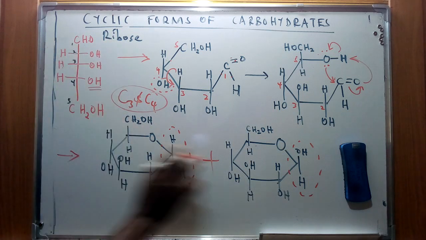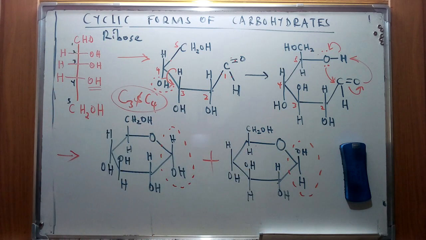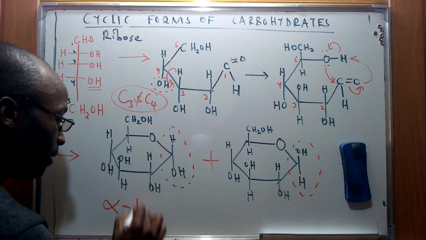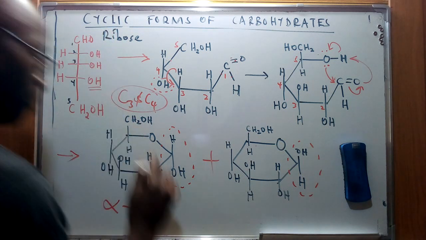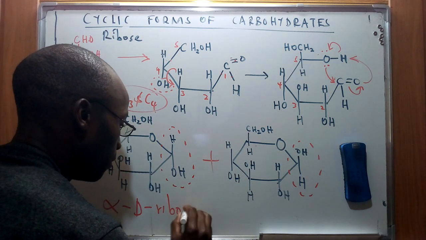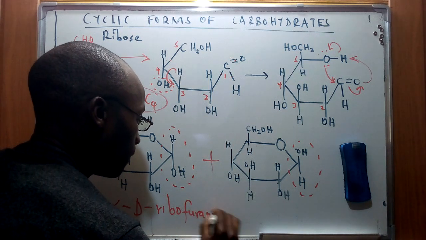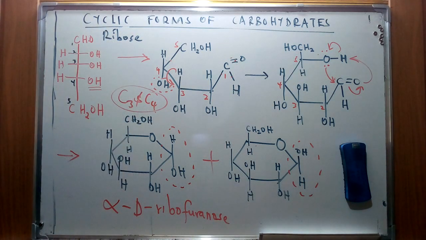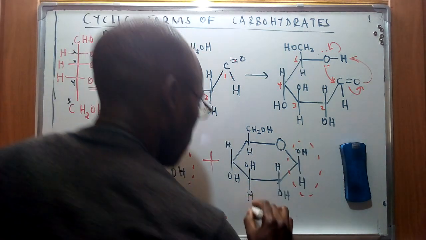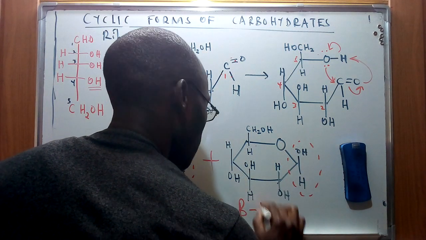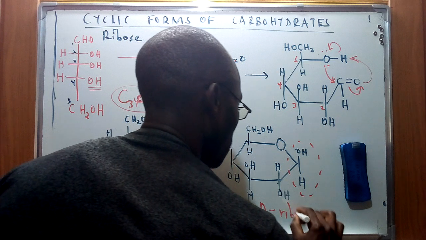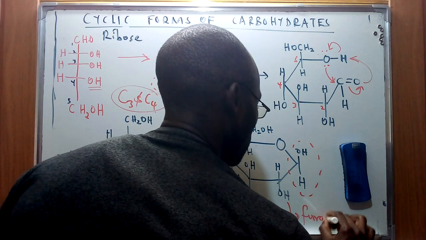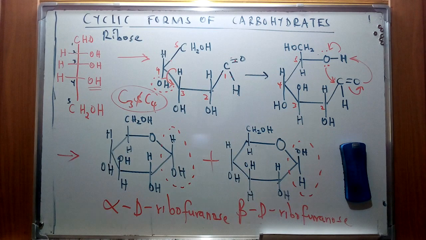And since these byproducts are a result of the D series from the Fischer projection, for the first one that is facing down, we're going to have the alpha-D-ribofuranose. And for the second one, it's going to be facing up, beta-D-ribofuranose. So we're going to achieve the two products.